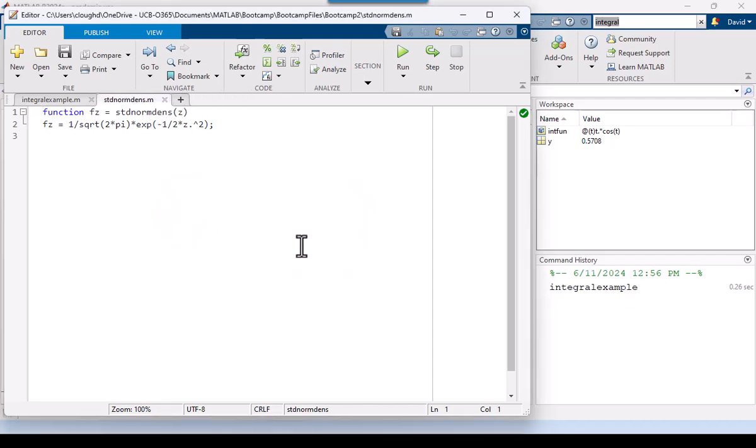So what we're doing here is we are putting in the density function for the standard normal distribution. Now, areas under the standard normal distribution curve are probabilities, and to find those probabilities, we have to carry out an integration of this function between two limits of the standard normal variable z.